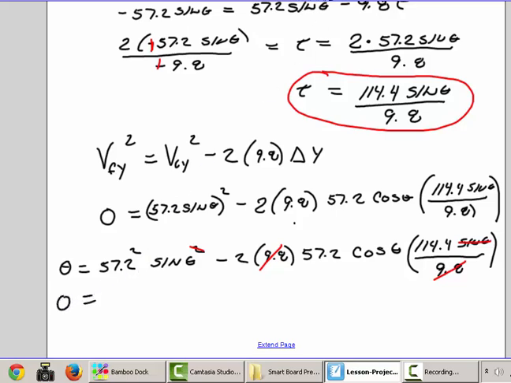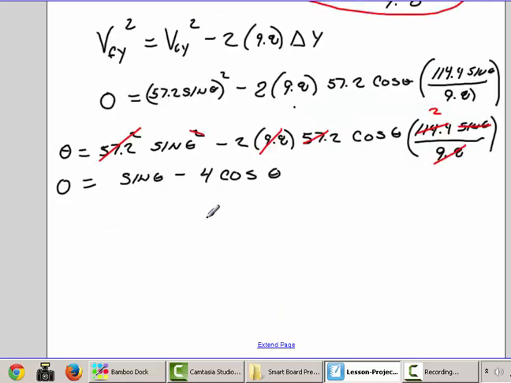Now, if I divide both sides by 57.2, this is gone here, this one is gone, and then this one is going to be gone because this is nothing more than 57.2 times 2, and 57.2 times 57.2 is 57.2 squared. Again, you don't have to do this. I'm just trying to simplify this problem as much as I possibly can. Now, let's look and see what I end up with. What I end up with is going to be sine theta minus 4 cosine theta here.